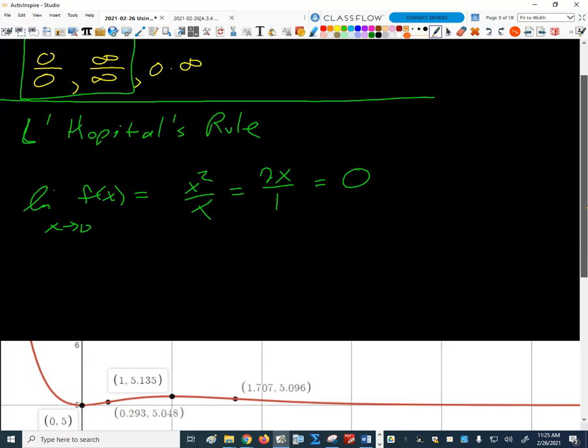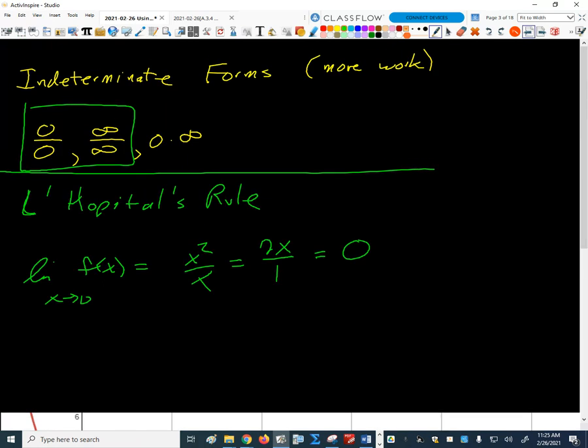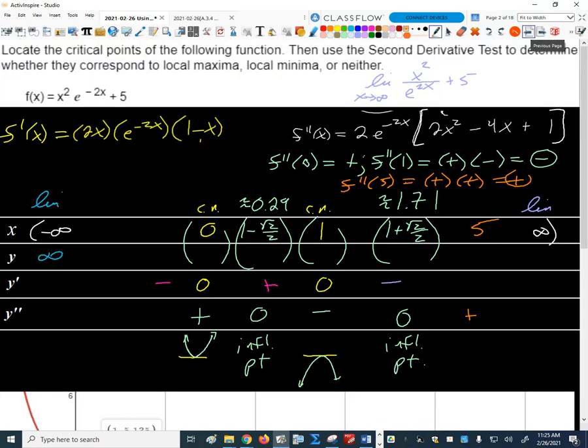Okay, what if we have something like this current example? What if we have the limit of just this term right here, x squared over e to the 2x? Let's just take that one little part right there.